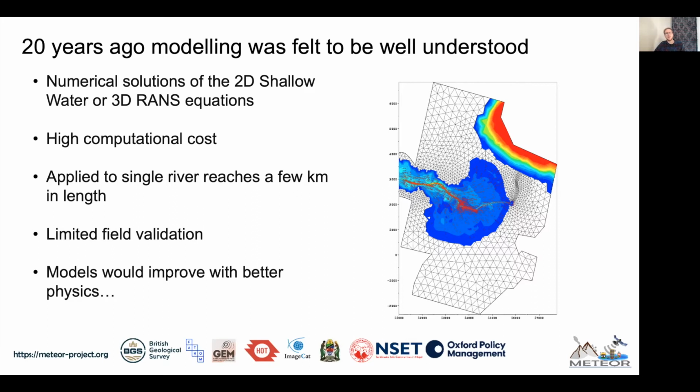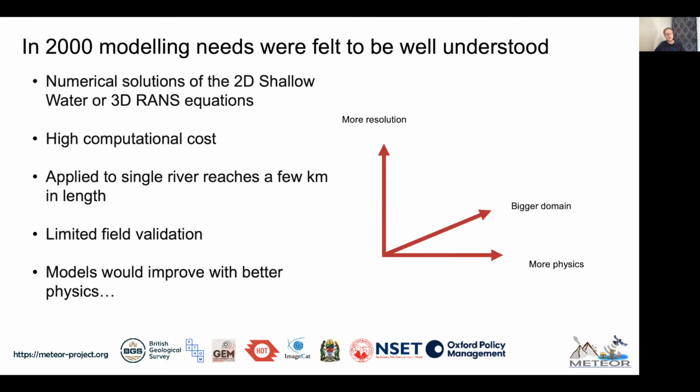And this was okay because fundamentally the end users, who were typically engineers looking at individual projects, only really needed this information at small scales. And the general consensus was that models could always be improved by adding more physics, by adding more complexity.